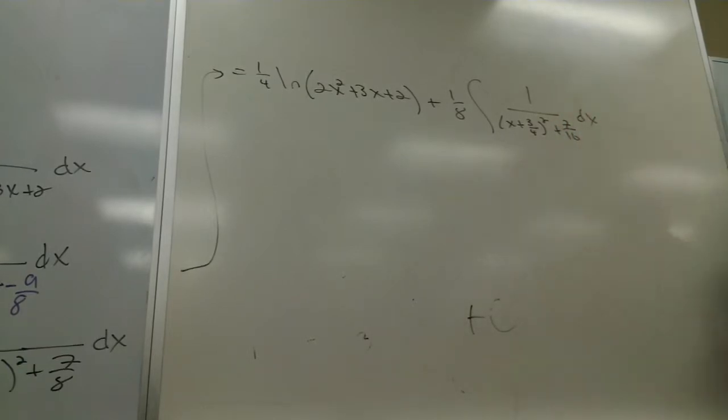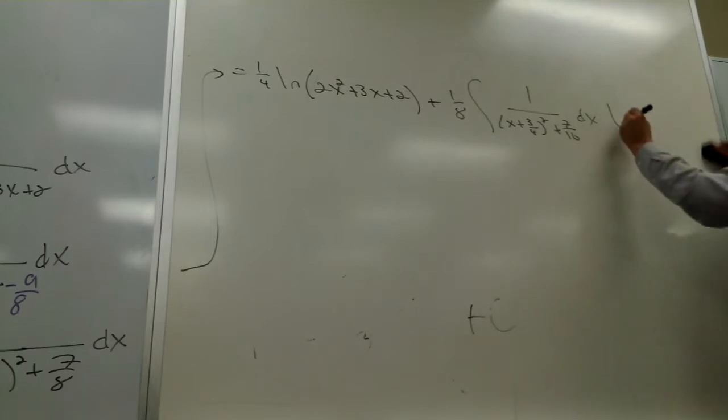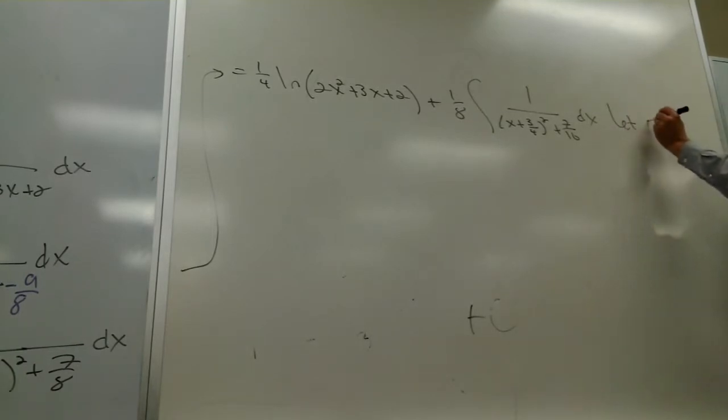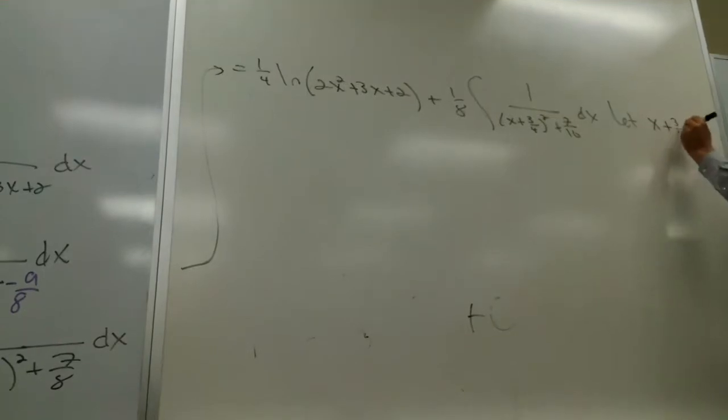Now that screams out at me that I'm going to commit to a tangent substitution. And so let's allow x plus 3/4 to be a tangent, with the 7/16 scaling.